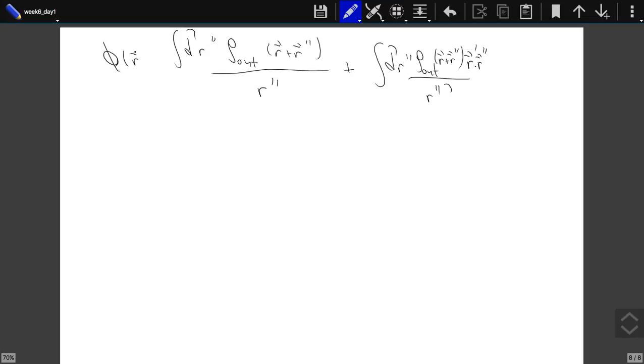Phi at the point r plus r prime is equal to this one. And again, rho of r is equal to q times the three-dimensional Dirac delta of r minus r0. So let's write the potential.